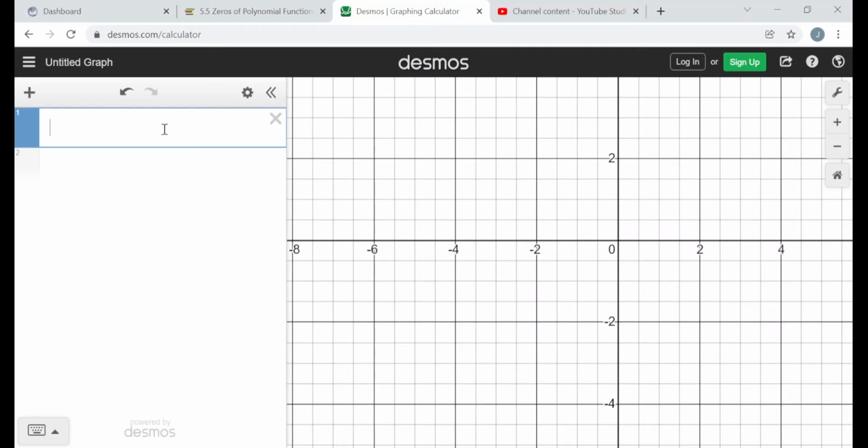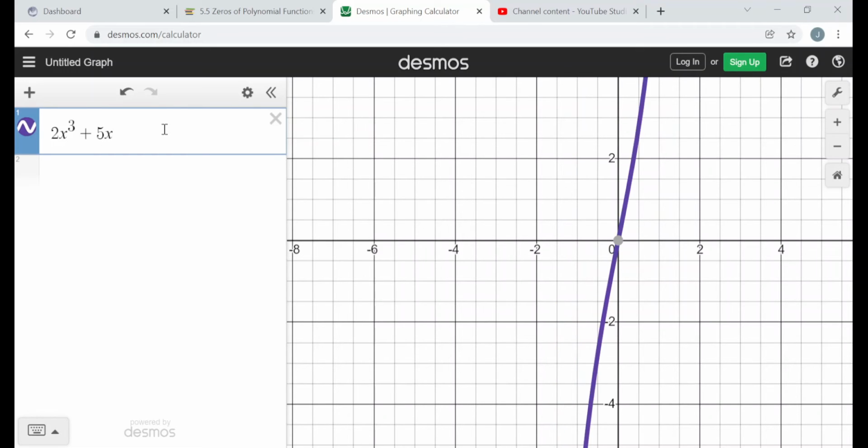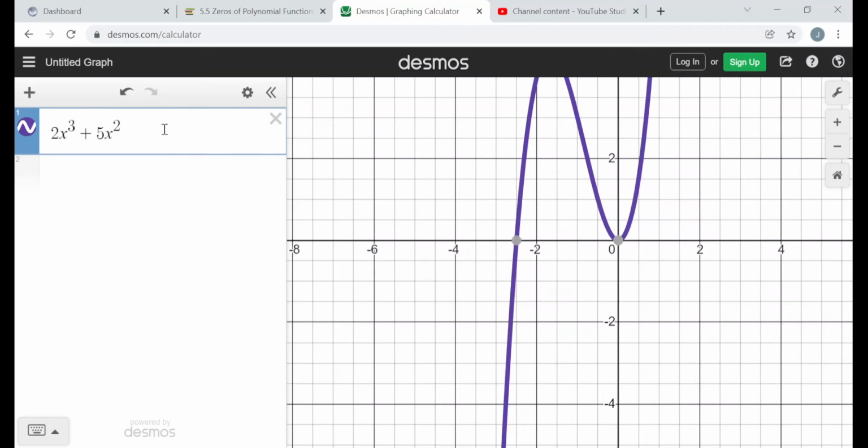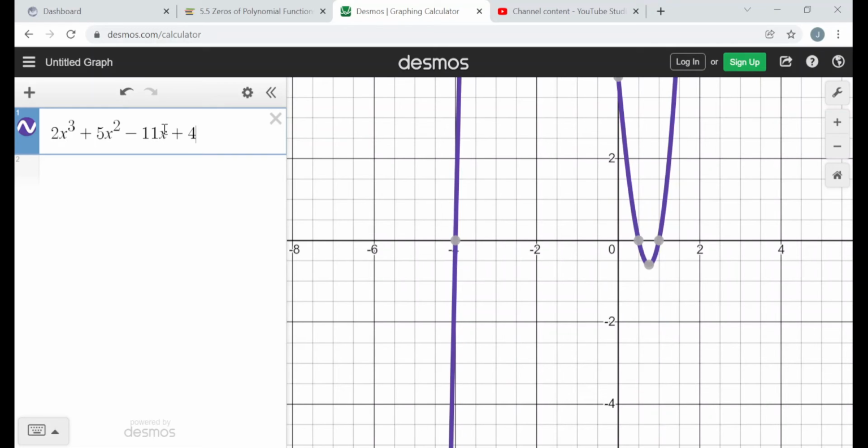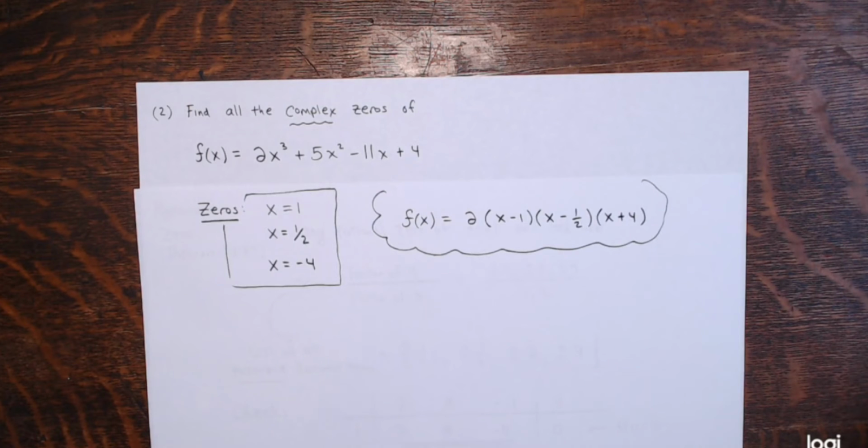All right, so we're given f of x equals 2x cubed plus 5x squared minus 11x plus 4. And you see the 3 x-intercepts, right? -4, we said that was one. Positive 1/2, that was one we had as well. And positive 1. All three of them are the exact same 3 I had here. Excellent.